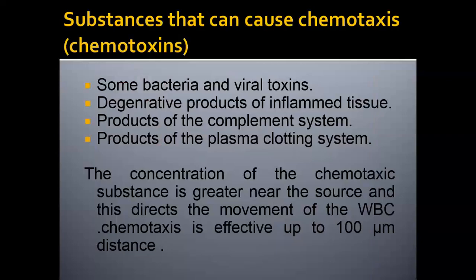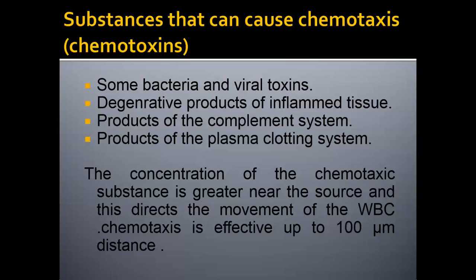Now, what are the chemotactic substances that attract the white blood cells to the site of injury or inflammation? It can be bacterial toxin, viral toxin. It can be, as we said, the debris or degenerative products of the inflamed tissue. It can be complement system component products or plasma clotting system components.